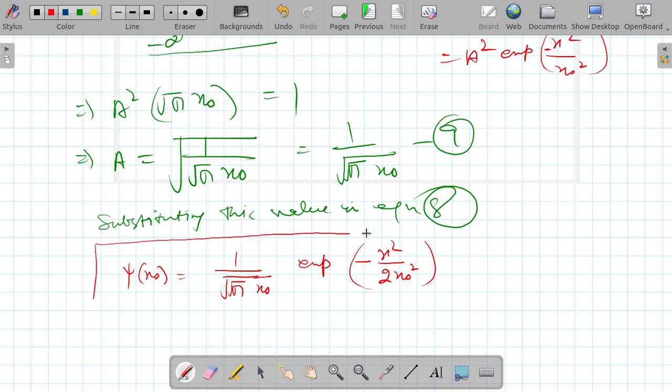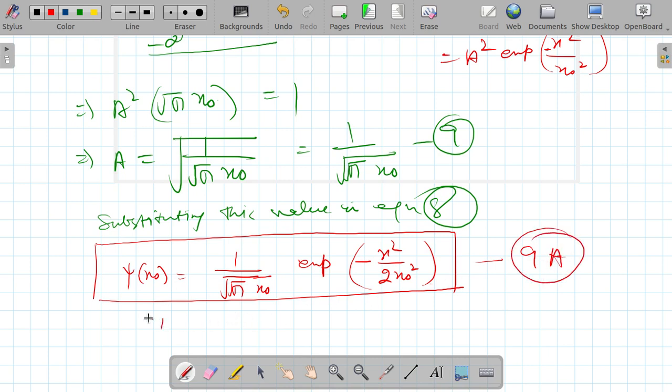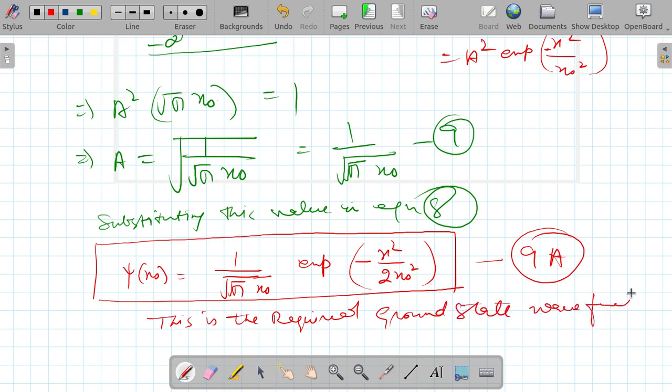So this is the ground state wave function, call it equation 9a. This is the required ground state wave function for the harmonic oscillator, and its plot was already shown in the previous lectures.